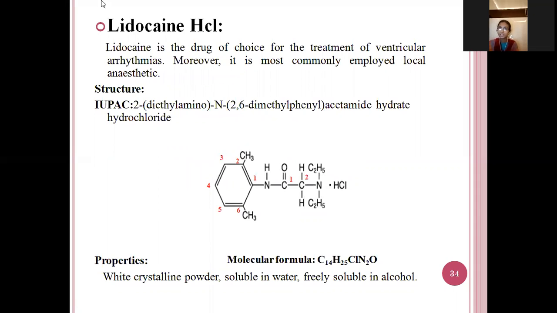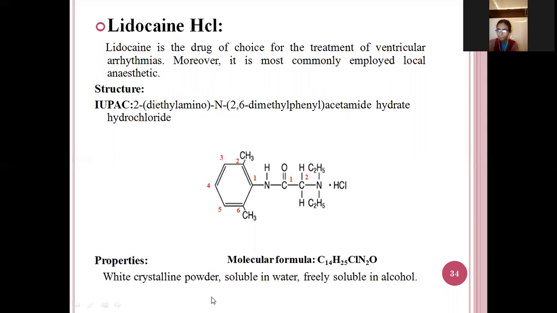Next is lidocaine hydrochloride. It is a drug used in the treatment of ventricular arrhythmias, and most commonly it is also employed as a local anesthetic. So it has two activities, that is anti-arrhythmic and local anesthetic.